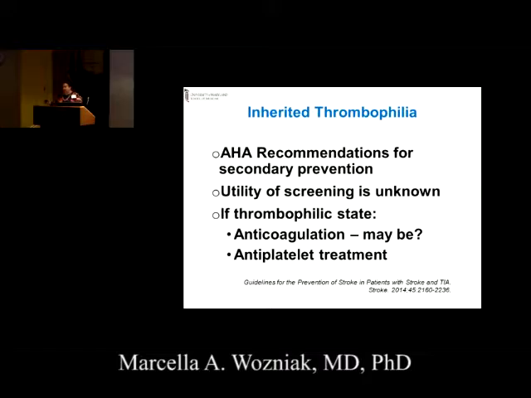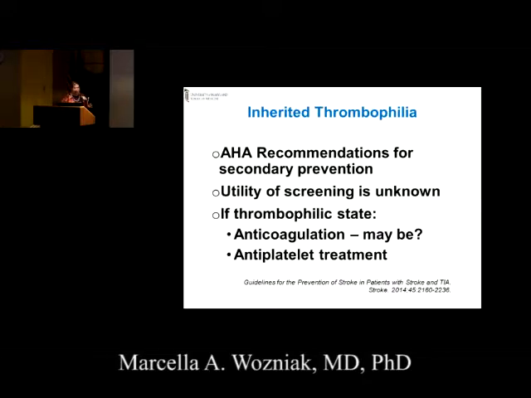Another reason we're not recommending screening these people is that we're not sure, but also, what do we do with it? It's not clear. If someone just had a single stroke and they're factor V Leiden positive and they've never had anything else, and it's not a paradoxical embolism, it's not a DVT crossing through a PFO, okay? It's just a garden variety arterial stroke.